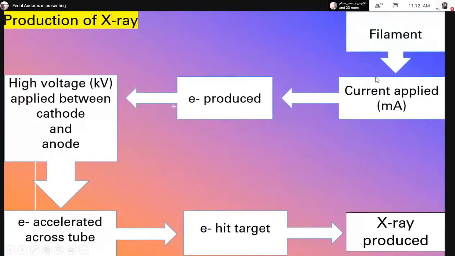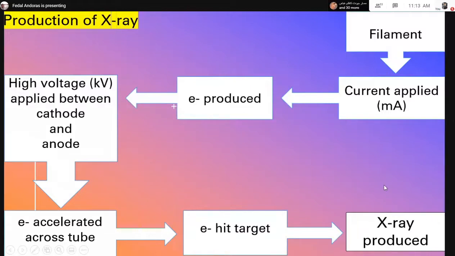Another way, it's just a sheet, just to see how it works. Filament heated, current applied in milliamperage, electrons produced, high voltage kilovolt applied between cathode and anode, electrons accelerated across the tube, electrons hit the target, X-ray produced.